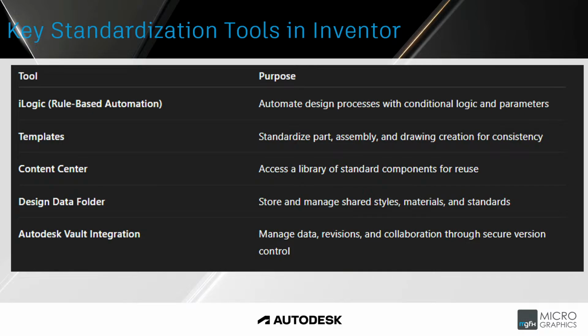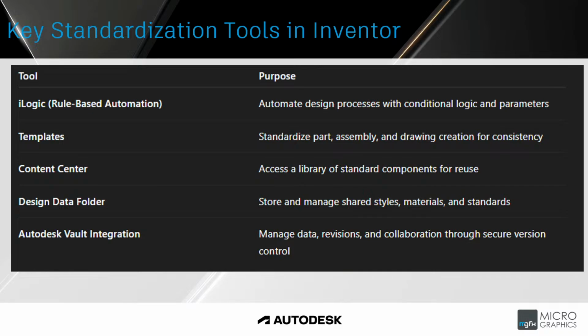Templates. It standardizes your parts, assemblies, and drawing creation for consistency. Content Center, where you can access a library of standard components for reuse. Your design data folder stores and manages your shared styles, materials, and standards if you have created your own materials or styles and so on.